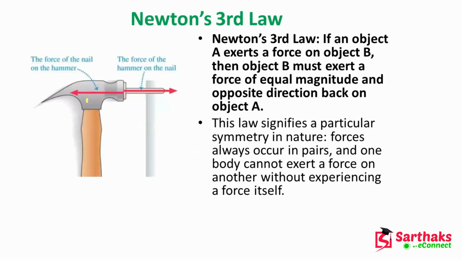Now this is a hammer, where you can see the force of the hammer on the nail you are applying, and the force of the nail on the hammer also applies, right?